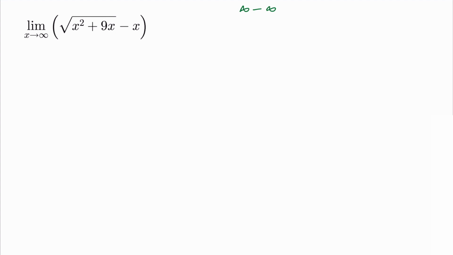And one of the strategies we like to use with radicals is to employ the conjugate, because that helps us to rewrite the expression. So I'm going to multiply this by the square root of x squared plus 9x plus x over the square root of x squared plus 9x plus x.